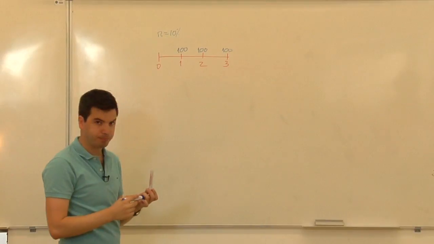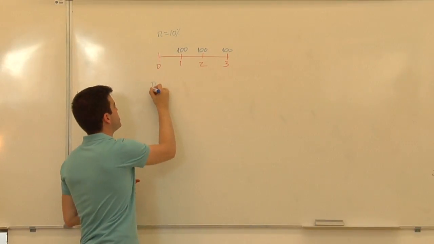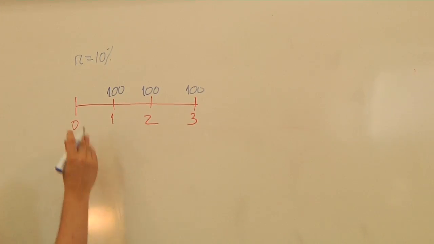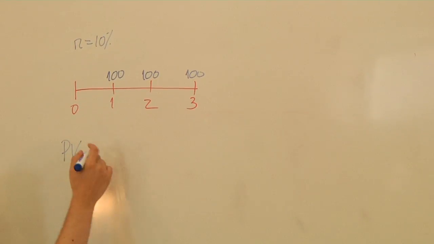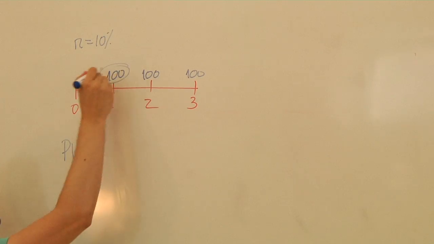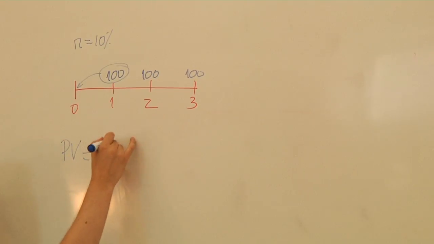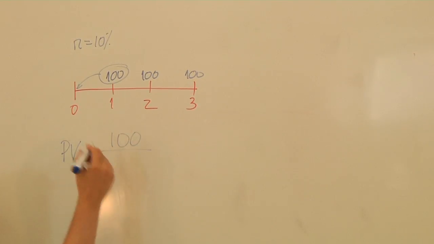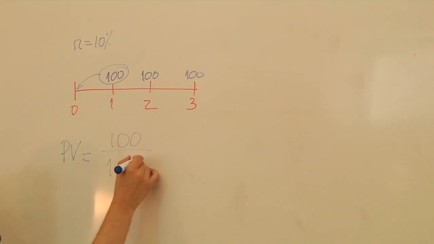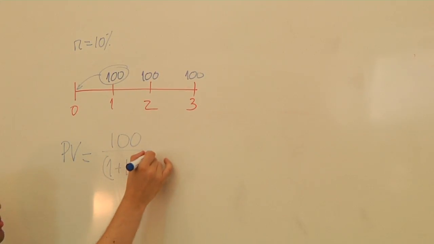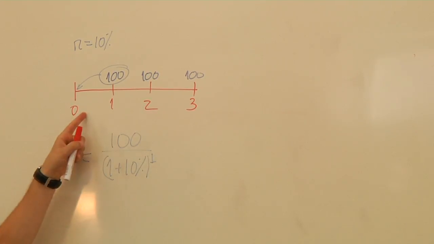We will need this. The present value of this will be the sum of all these cash flows discounted to the present. So we go to the first one and discount this, and we know already that to get the present value of that cash flow, we divide by 1 plus the interest rate to the power of 1, because it's just 1 year.